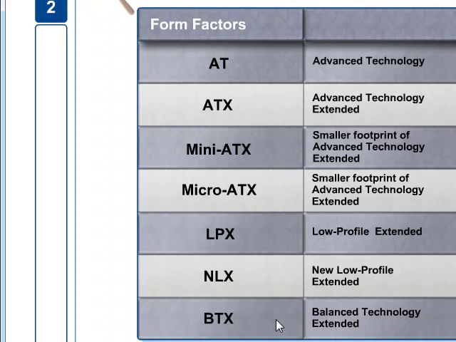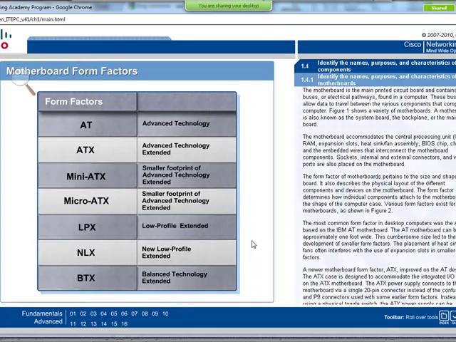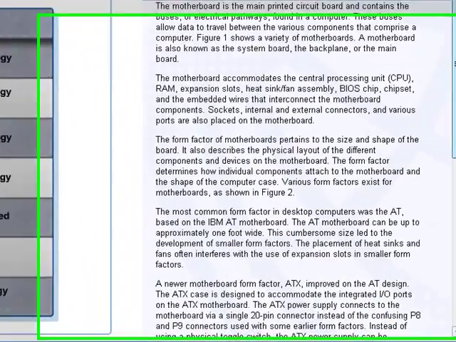For example, micro ATX we use in small PDAs, or mini ATX we use for laptops. They're all different motherboards, but they are motherboards and they have different form factors.